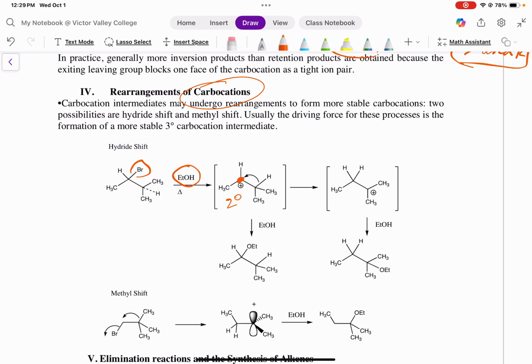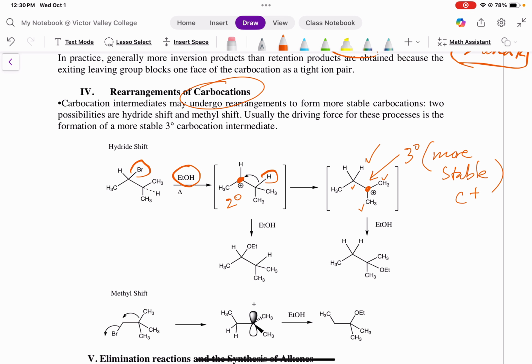What happened is the hydrogen from the carbon next door moved to it. There you go, leaving the carbon next door missing a hydrogen, so it becomes positive, and that's a tertiary because it's bonded to three other carbons. That's a tertiary. That's a more stable cation.